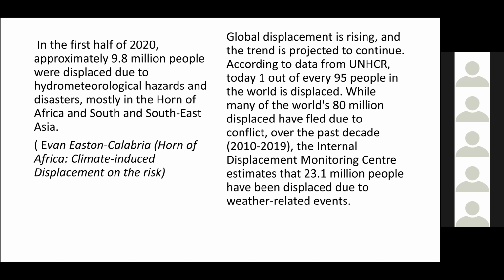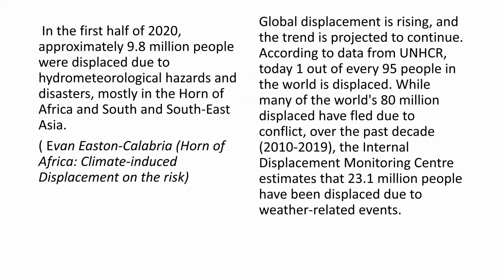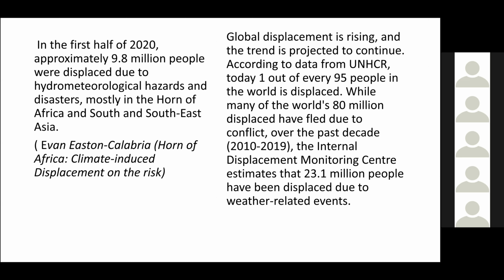He says that in the first half of 2020, approximately 9.88 million people were displaced due to hydrometeorological hazards and disasters, mostly in the Horn of Africa and South and Southeast Asia. There's a lot of people. And here, we're not talking about other natural disasters like volcanoes or earthquakes. No, I'm talking about issues related to climate conditions.